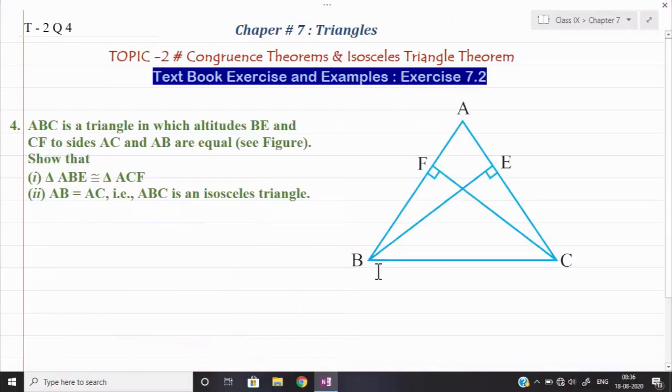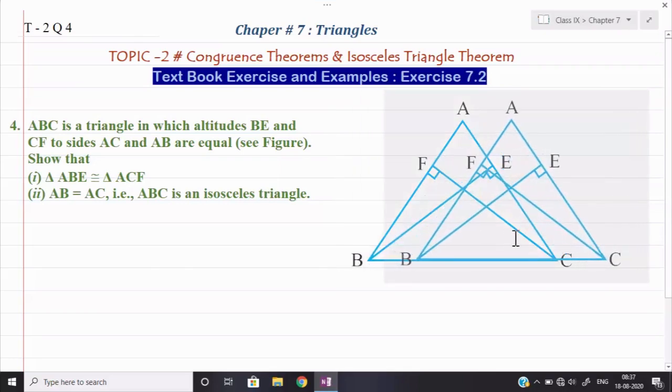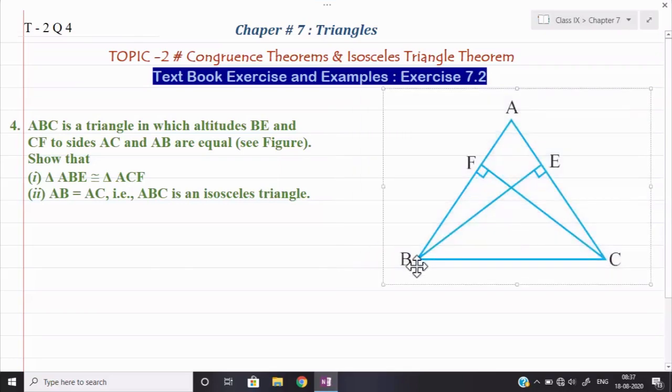In this question, we have given that ABC is a triangle in which altitudes BE and CF to the sides AC and AB are equal. See, now you have to concentrate on the word what is given equal. One thing is very clear, BE and CF are still altitudes here.